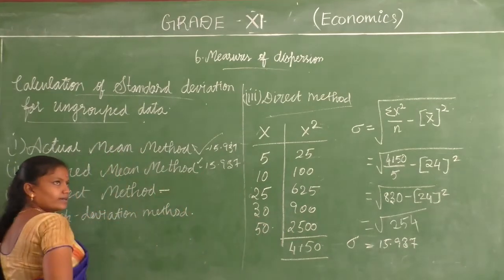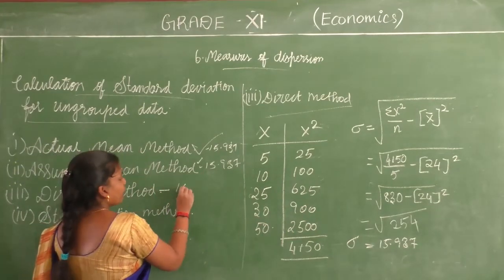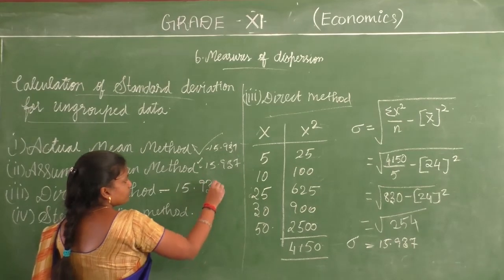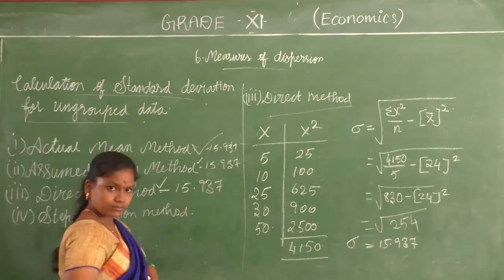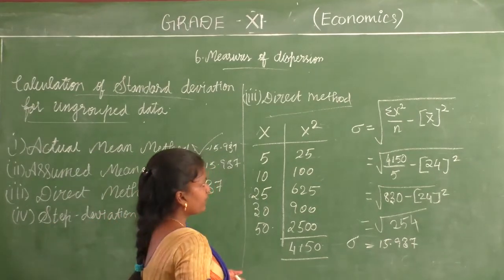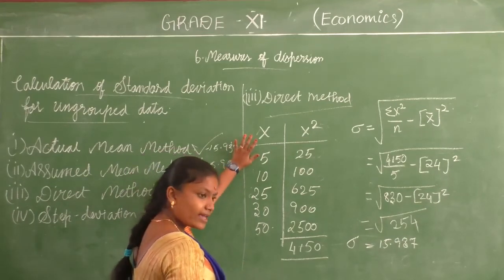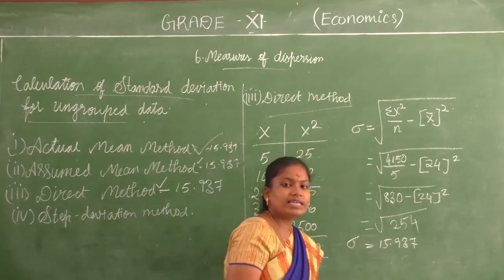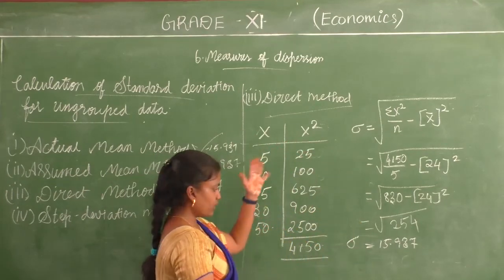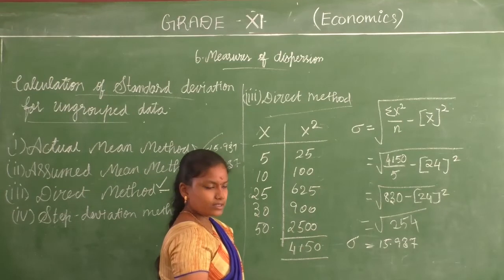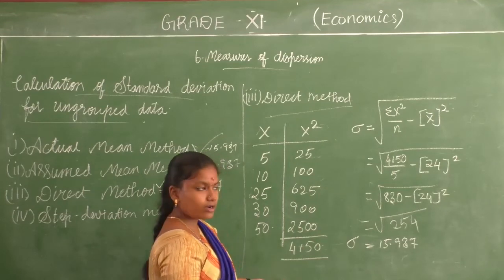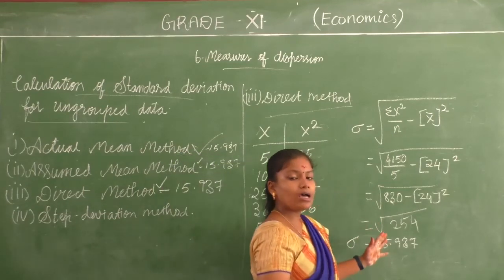And here under direct method also we have 15 point, right? Simple enough. Direct method we just have taken x, directly squared each value of x, you get x squared, you add it, you get your summation of x squared. And what's your formula?